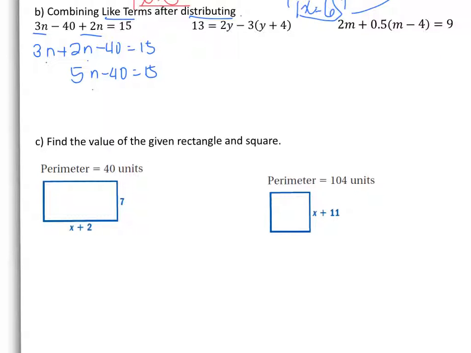Now we can solve for n. Plus 40, plus 40. Bring down 5n, and we get 55. Divide by 5 on both sides, n equals 11.